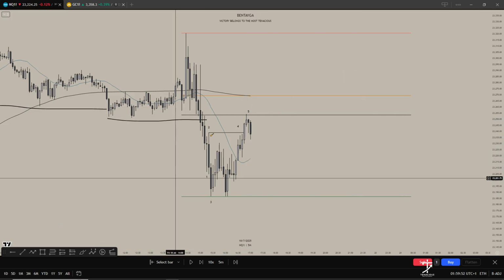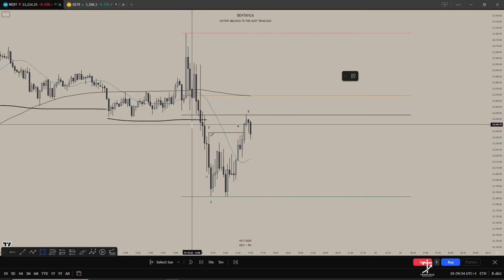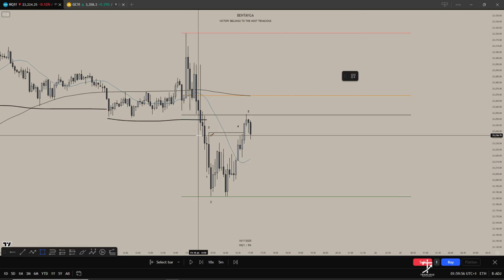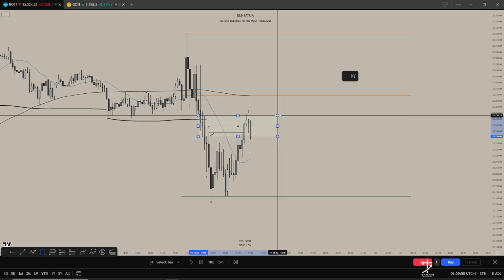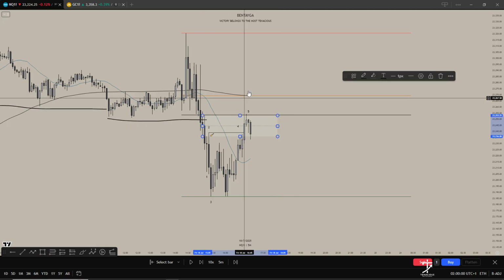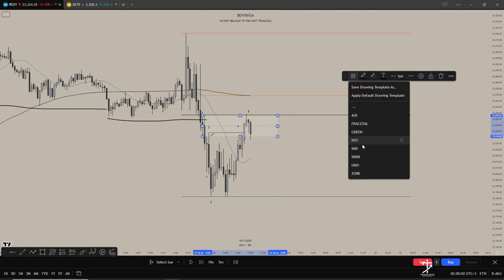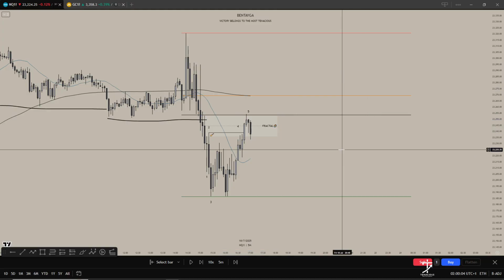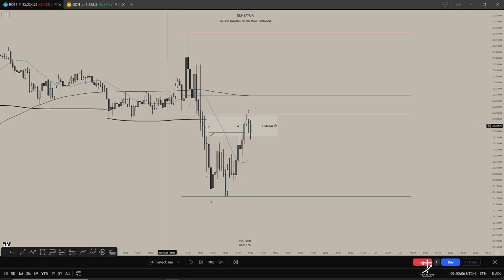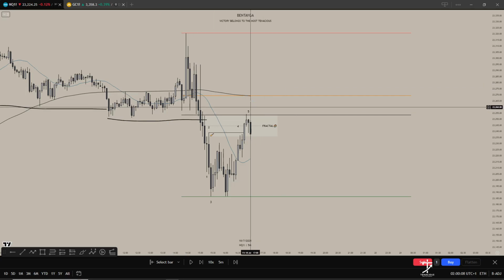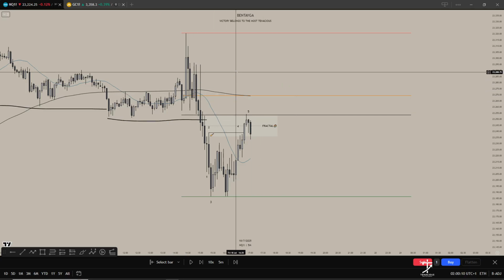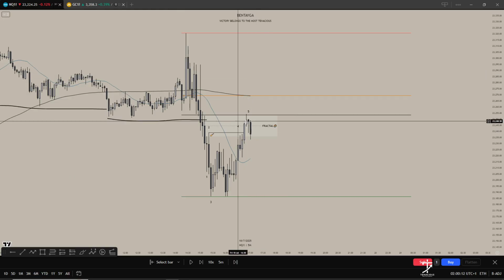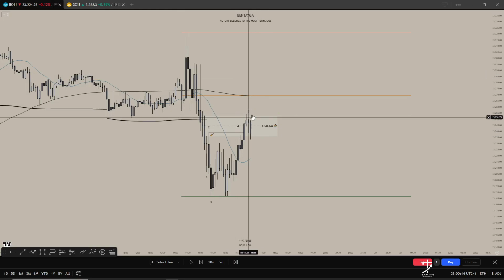And I mean, it's not the best area of interest, but we do have a wick fractal. So there's always a chance that price might tap into that, give us some sort of reaction, and then from there price will continue lower. So in this case, price also mitigated at least the 50%.